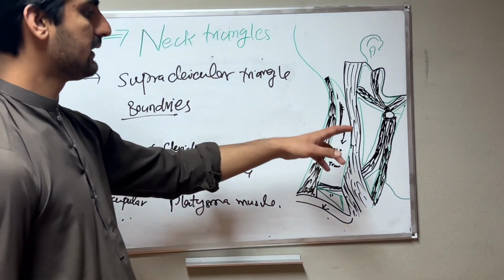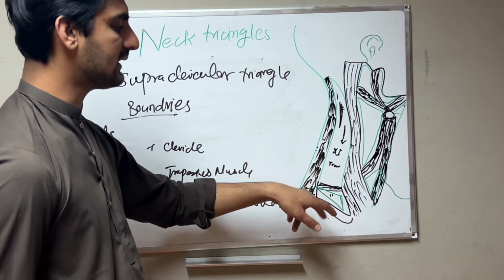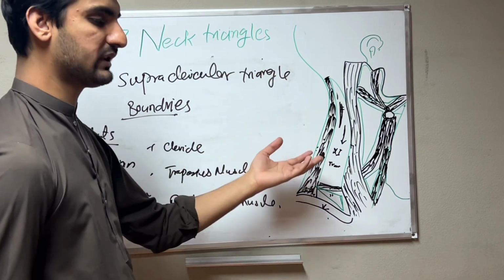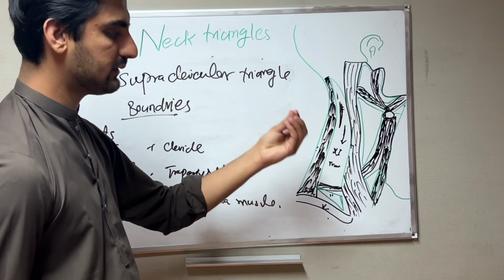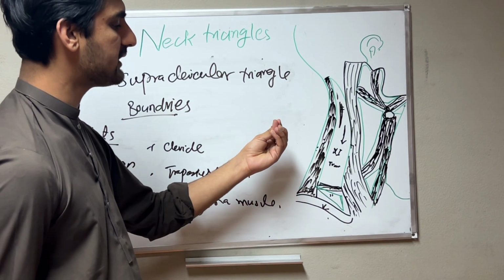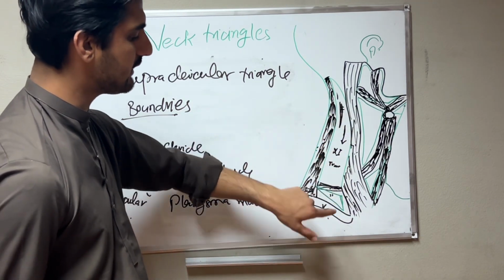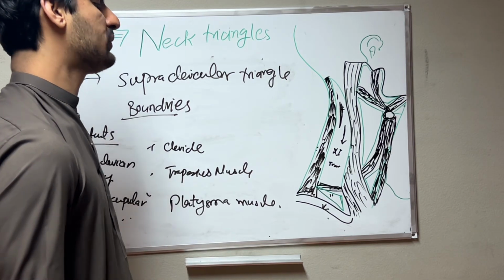First we talked about the posterior triangle. We have boundaries: sternocleidomastoid muscle, trapezius muscle, and clavicle. Then the posterior triangle is divided into two subdivisions: the occipital triangle and the supraclavicular triangle.